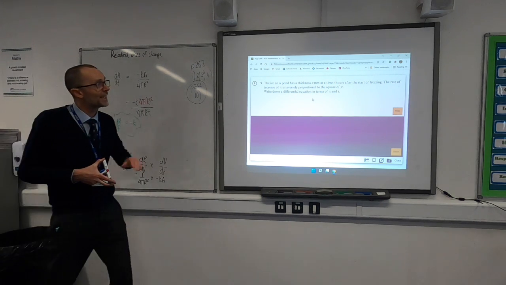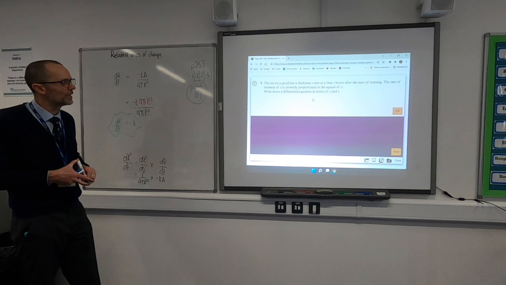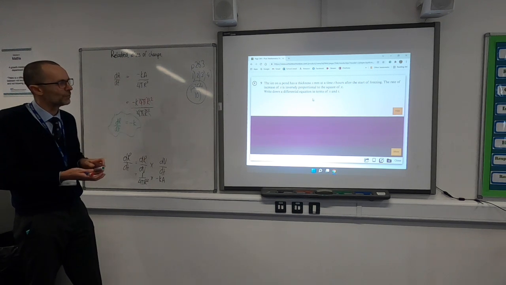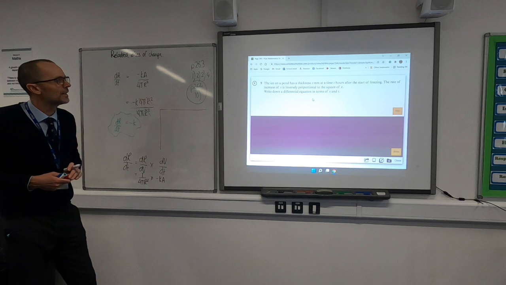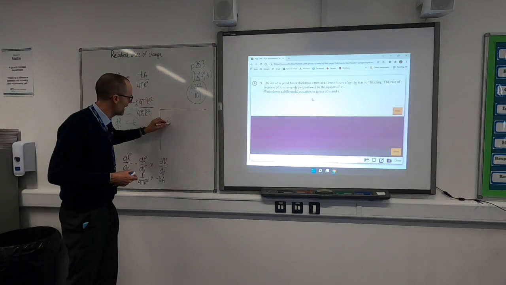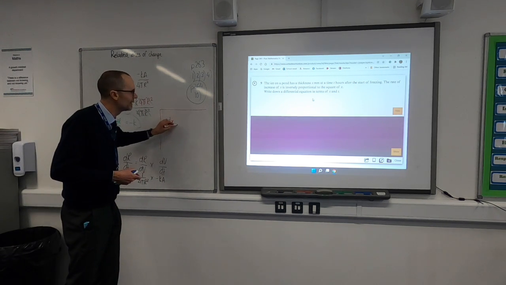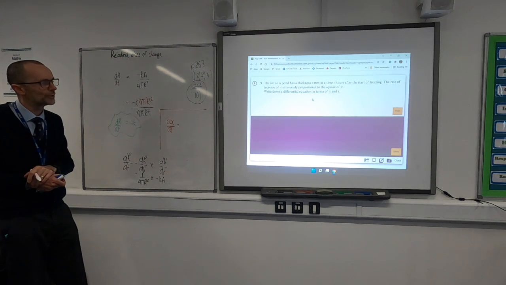So with this one, this again is an easy one because there's no malarkey involved. It's just writing down what that means. The ice on a pond has a thickness x, and the rate of increase of x, dx by dt, and it's increasing, so it's going to be positive, is inversely proportional to the square of x.